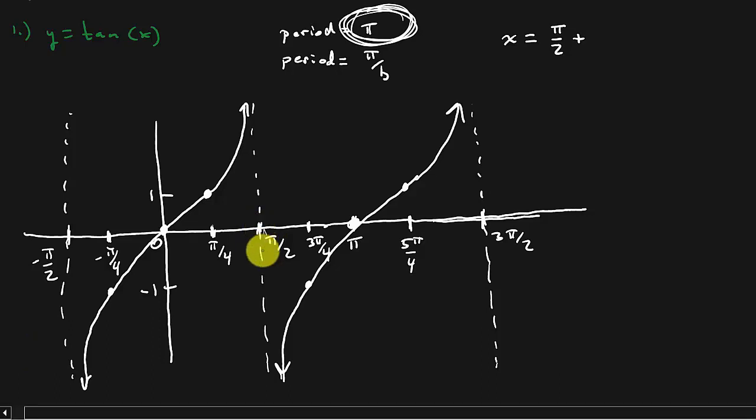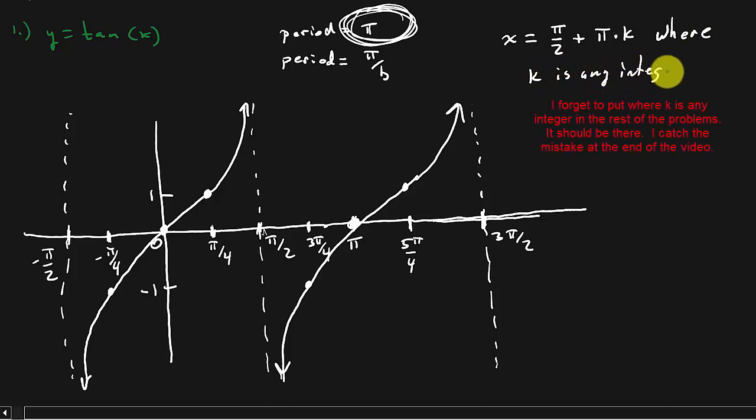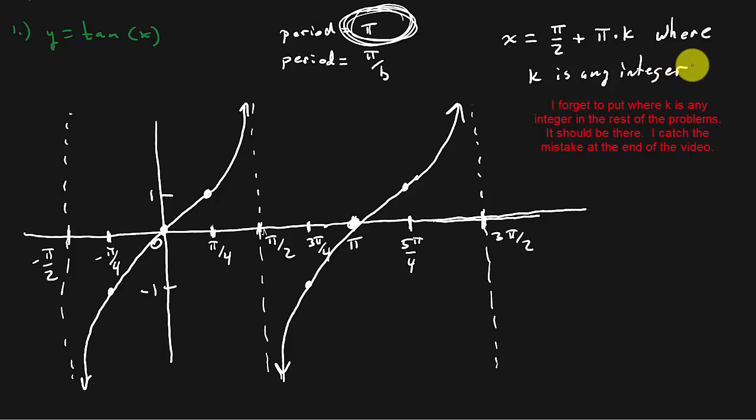Just remember, we're at this vertical asymptote. How do I get to this vertical asymptote over here? Well, I'm going to add pi. I add pi to get to this one. I would subtract pi to get to this one. So I'm going to add pi times k, where k is any integer. And those are my vertical asymptotes. See, k could be 0, 1, 2, 3, -1, -2, -3.